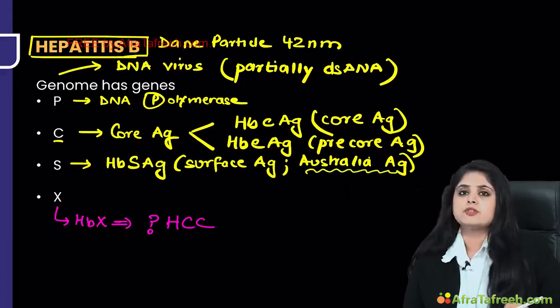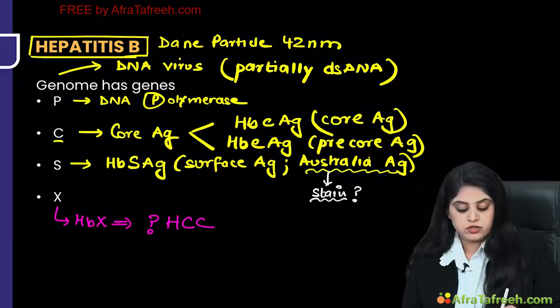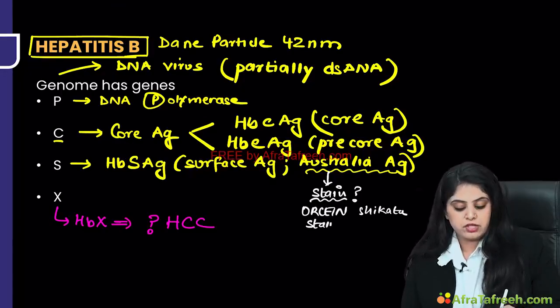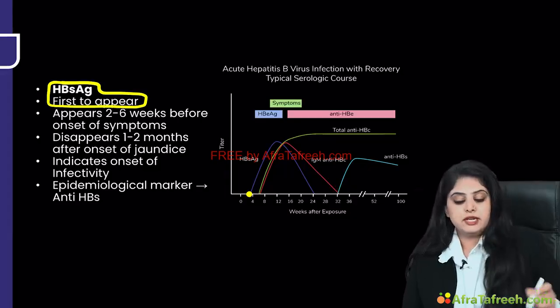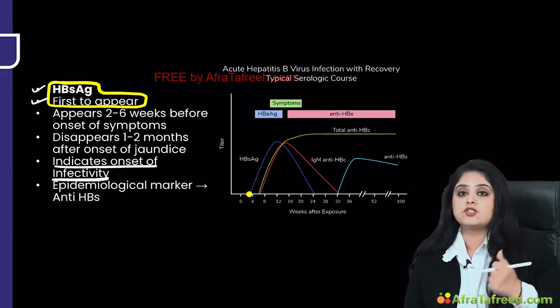Let me ask you a question from pathology. Is there any stain for the Australia antigen that they ask in the liver section of pathology? Yes, there is a stain called the Orcein-Shikata stain. Again, something important for NEET and INI, not for FMG. Orcein-Shikata stain is for the Australia antigen. So the first to appear tells me the onset of infectivity, that yes, the infection has started.